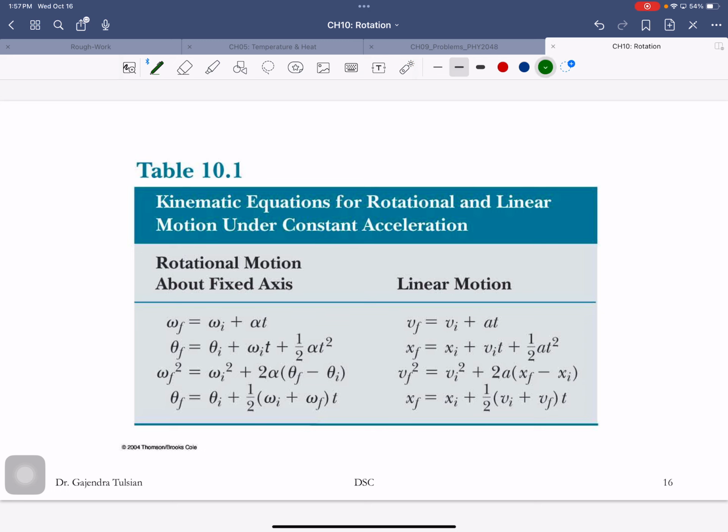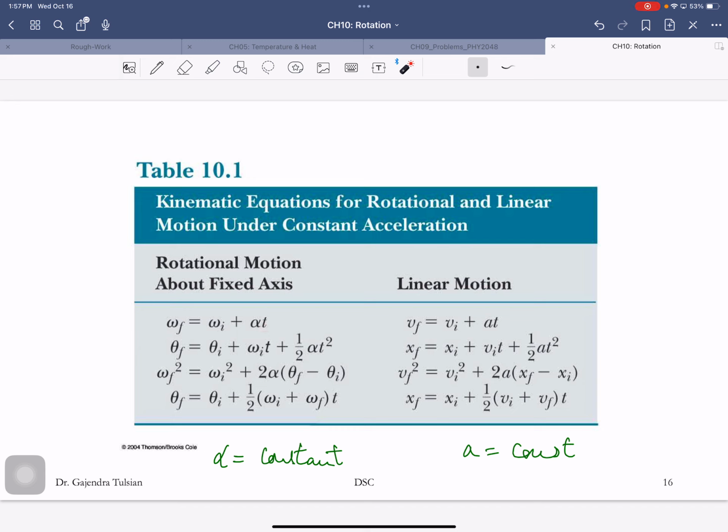This is when alpha is constant, and for linear motion, this is when linear acceleration is constant. When a is constant, v final is equal to v initial plus a times t. Similarly, omega final is equal to omega initial plus alpha times t.